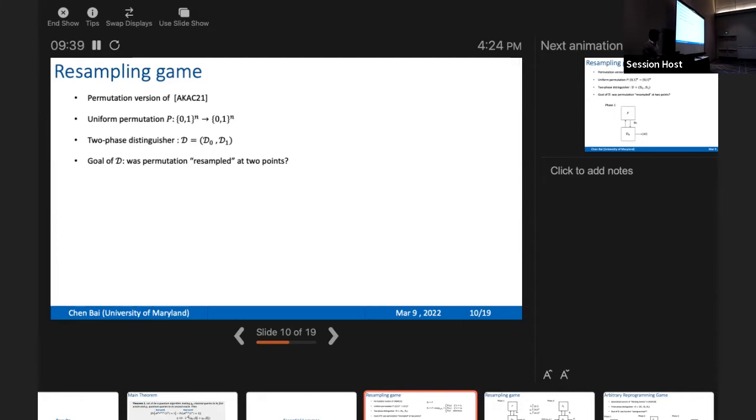Now let's look at how the resampling game works. Let's start with phase one, where the distinguisher just gets quantum access to P and its inverse. After making Q0 queries, it outputs a state. Before the second phase, the challenger samples a uniform bit b, along with two uniform n-bit strings S0 and S1.